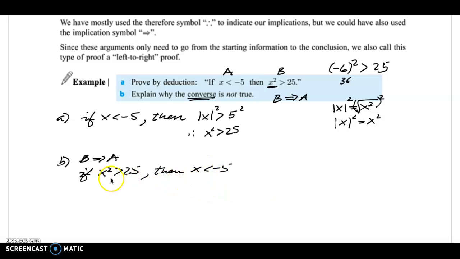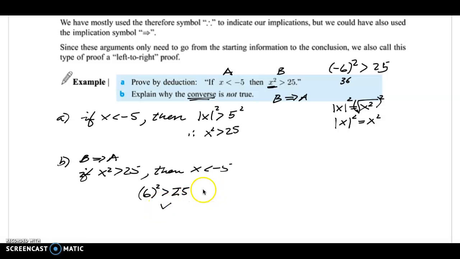But clearly, if you know about what the square is here, it's clearly not true, because you can have x equal to 6. 6 squared is greater than 25, which is true.